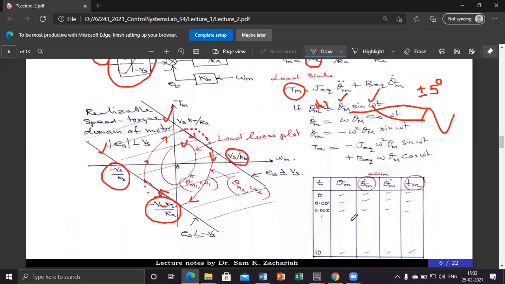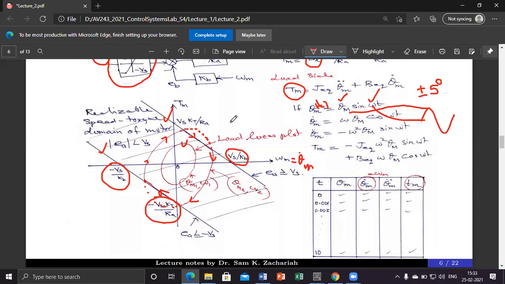We are actually plotting the load dynamics characteristics. If I put the independent variable as theta m dot, omega m is the same as theta m dot, I told you. For a given theta m dot, while we are passing through such a sinusoidal profile of motion, what is the torque required?